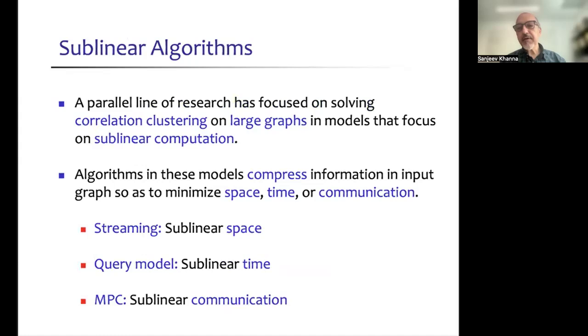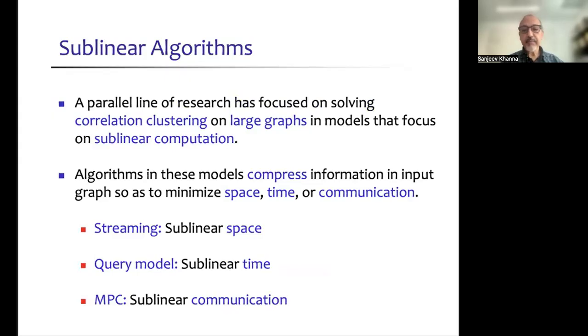Okay, so while the work on understanding the precise approximability of correlation clustering continues on, a parallel line of research has emerged that focuses on solving this problem on large graphs using sublinear computational resources. So correlation clustering has been studied in many different models of sublinear computation, including the streaming model, where the instance is revealed as a sequence of edges, and the focus is on designing a small space algorithm.